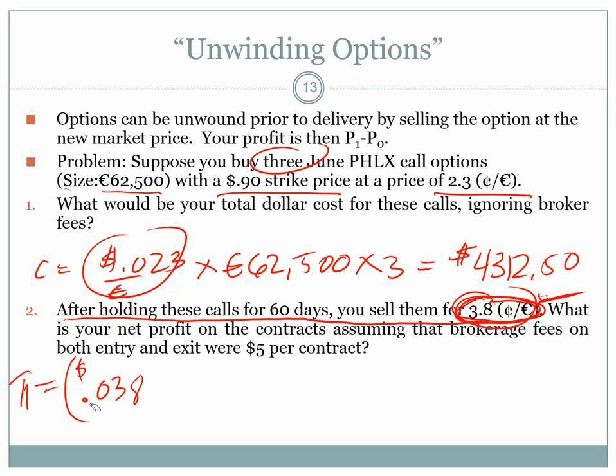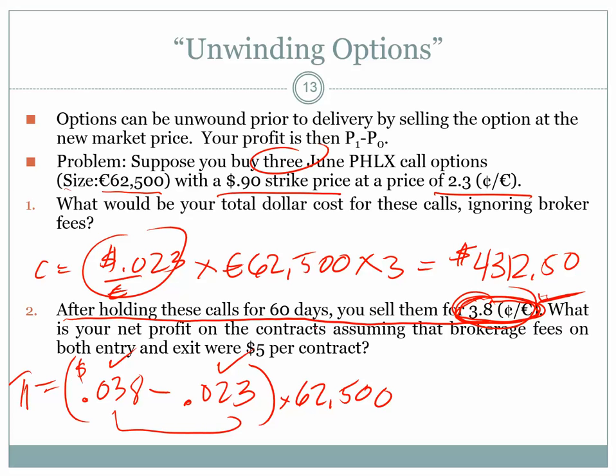I'm sorry, I bought the option for 2.3 cents. I sold it for 3.8. It's like buying a penny stock for 2.3 cents and selling it for 3.8, times 62,500 as the quantity. So I'm just going to make the difference.